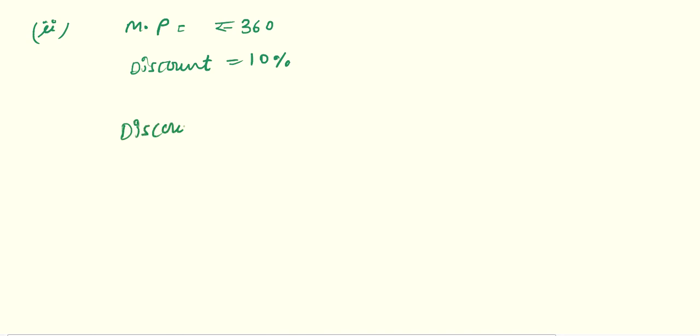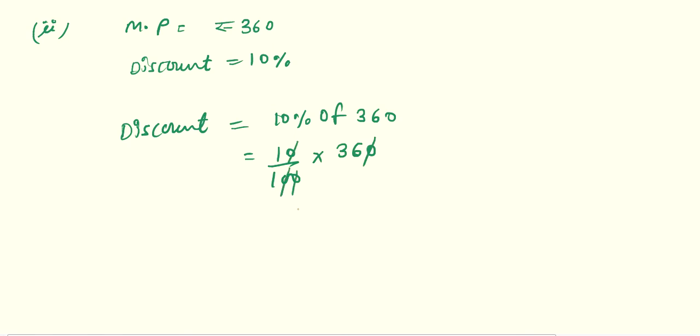So discount equals 10% of MRP, that is rupees 360. 10 upon 100 into 360. The zeros get cancelled. So he is giving rupees 36 discount.